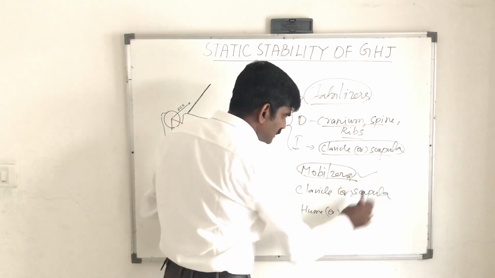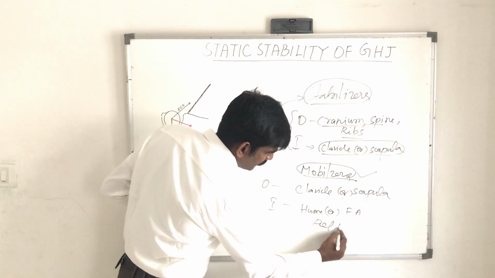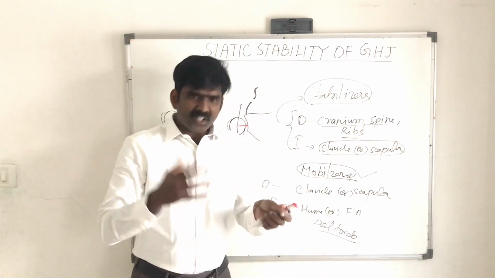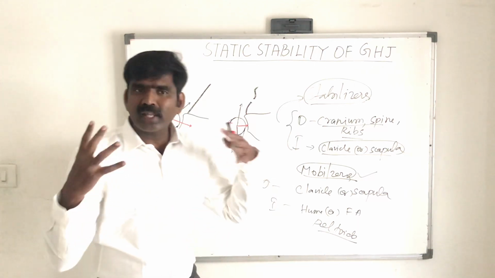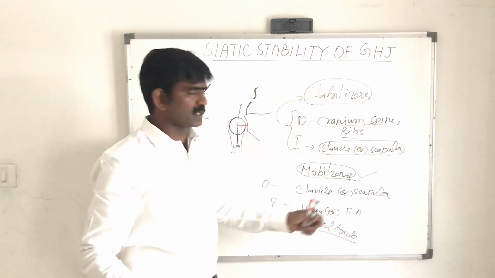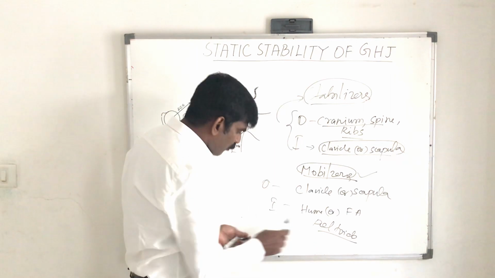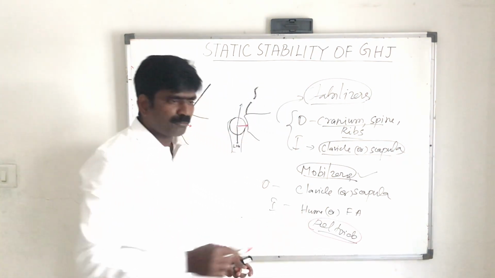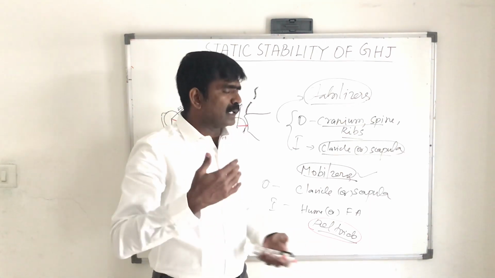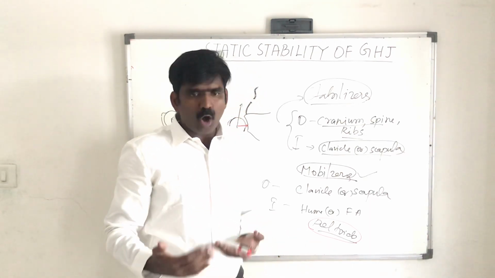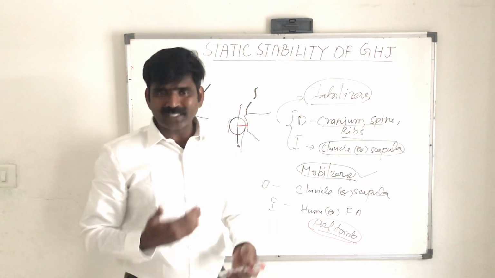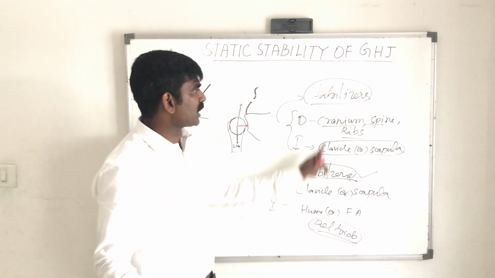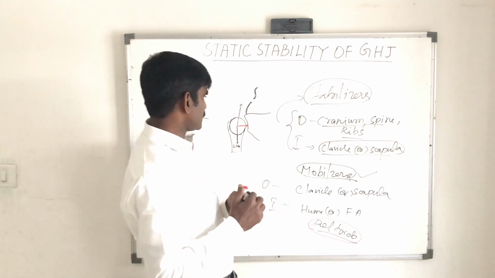For the deltoid muscle to function properly, for the maximum torque production in the deltoid, it requires the activation of the stabilizers.